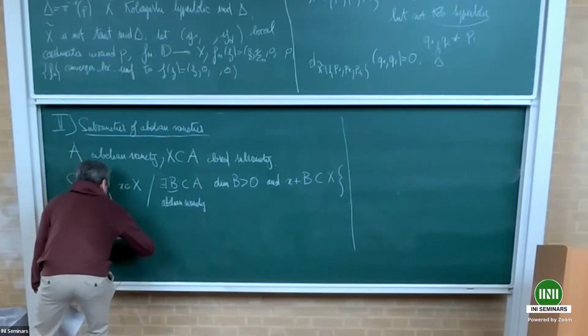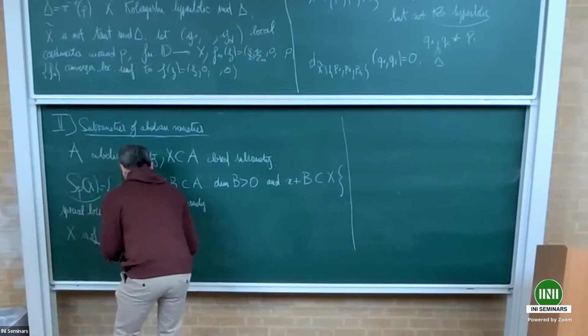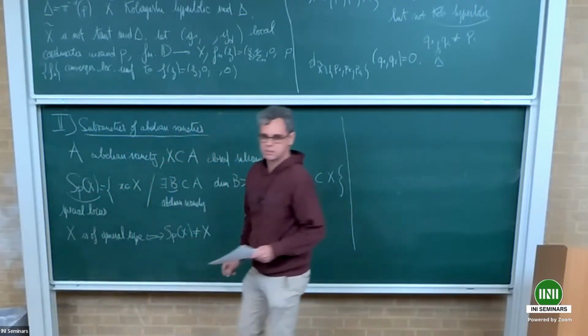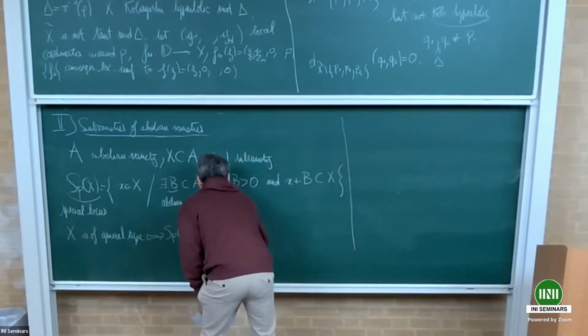X will be of general type if and only if the special locus of X is different from X. This is a statement due to Kawamata and Ueno.